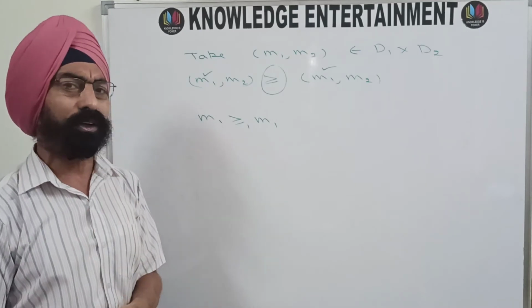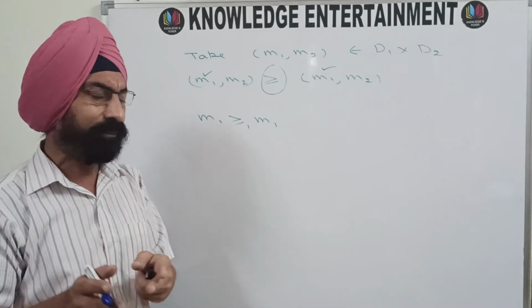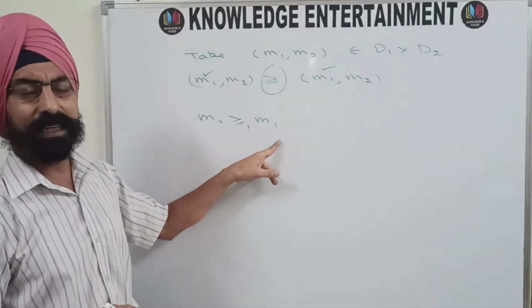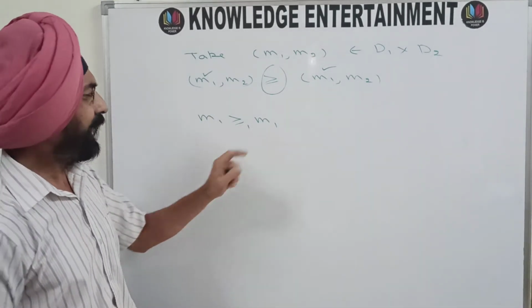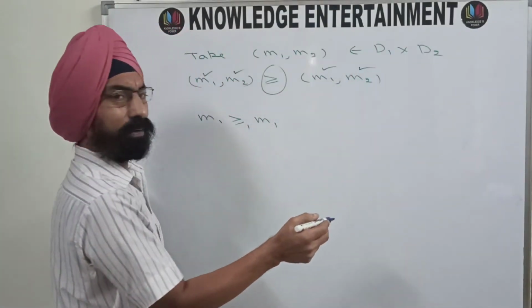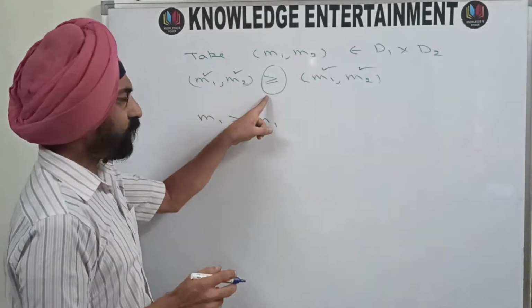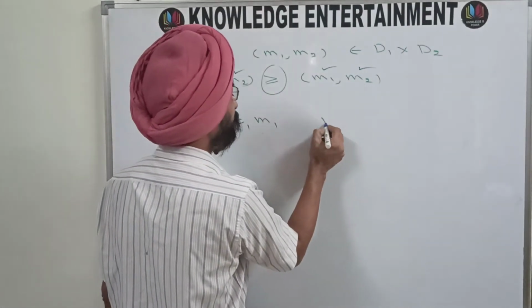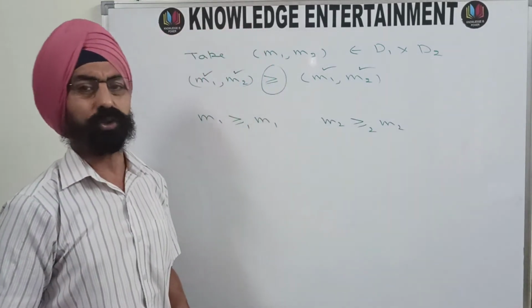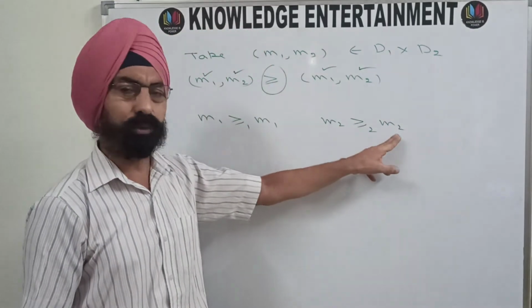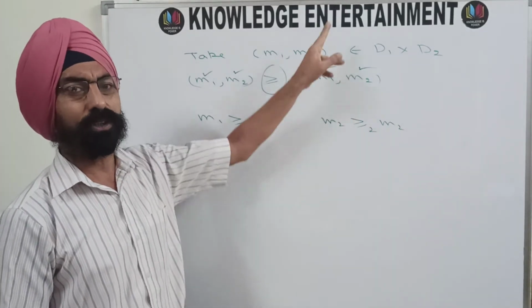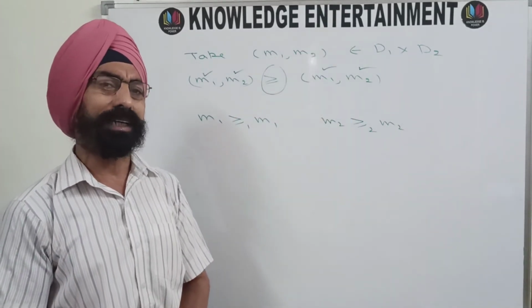So the first property of the directed set D1 with greater than or equal to 1 will give this result to us. And similarly, this M2 is coming from D2, and by our definition of greater than or equal to, M2 should be greater than or equal to 2 M2, which is once again true because M2 is an element of D2 and greater than or equal to 2 is the binary operation of D2 under which D2 is a directed set.